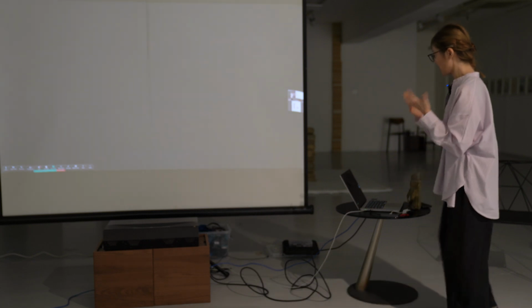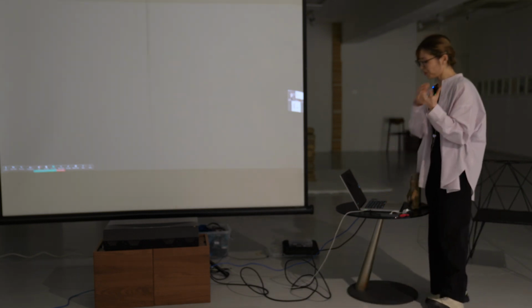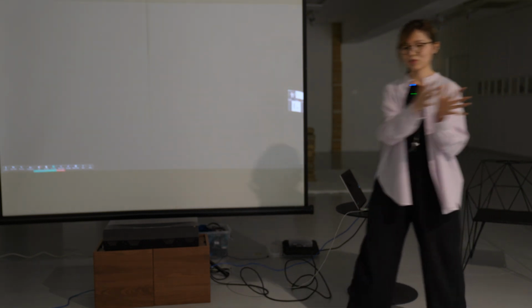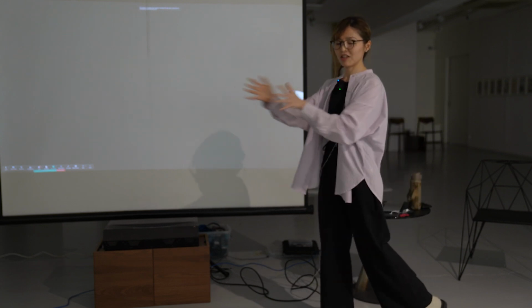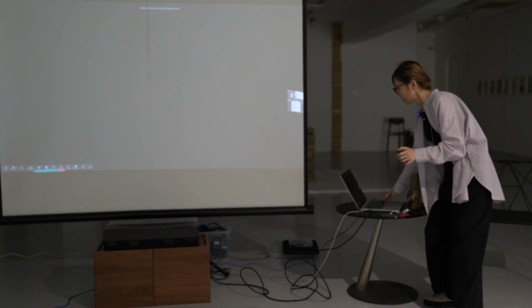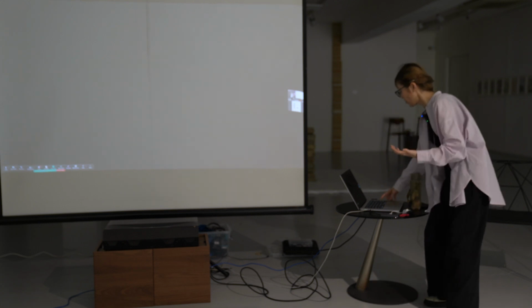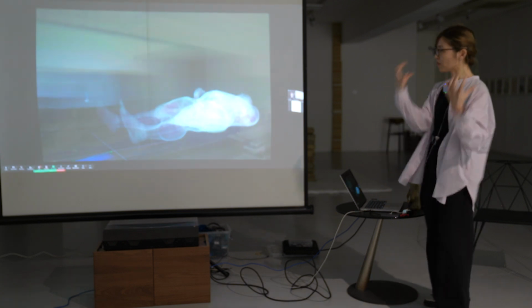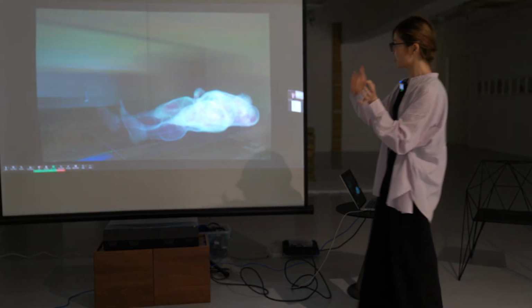So this video, if you drag it in space and capture long exposure, you will expect to obtain something rather than just the silhouette, but also the internal data. So it's volumetric.